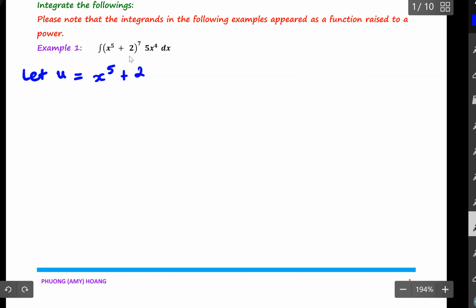If I let u equal x to the exponent 5 plus 2, at the same time, since I apply the substitution method, I immediately substitute the expression x to the exponent 5 plus 2 as u. So that means u raised to the exponent 7, right?